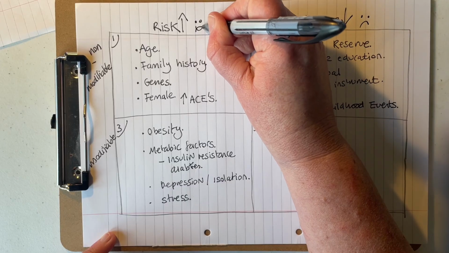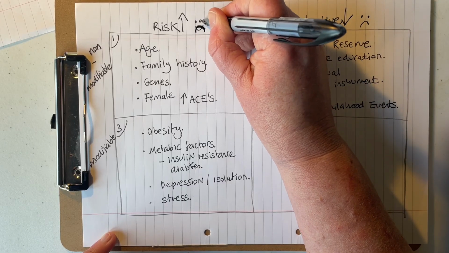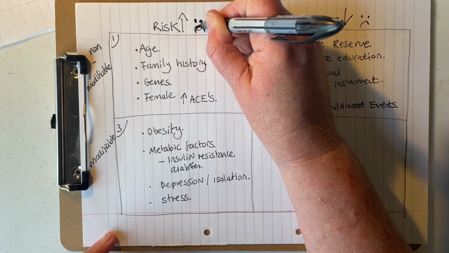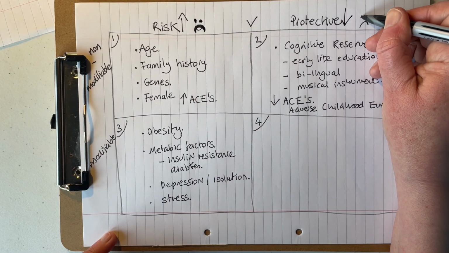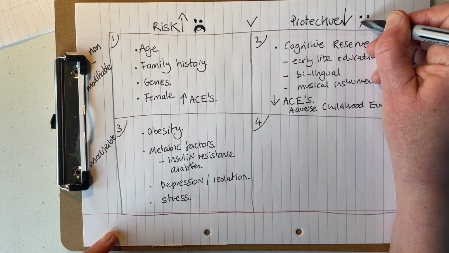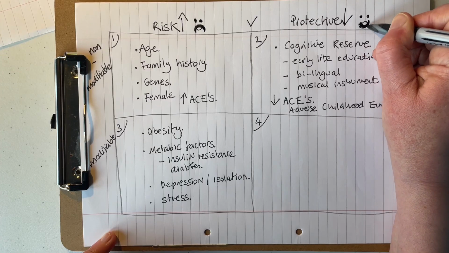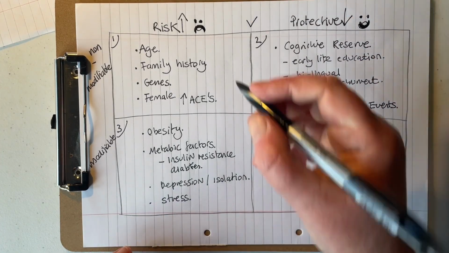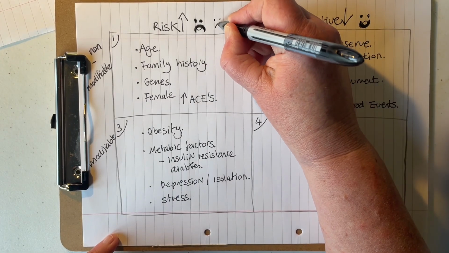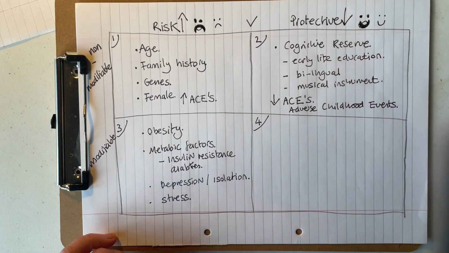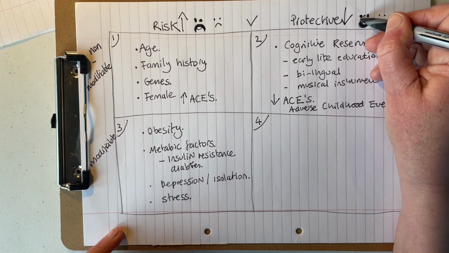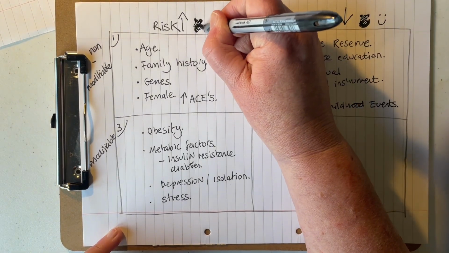This is sad. You can tell this was done without an edit, can't you? Now the pictures aren't very good. And this is protective, so this is happy. Okay, terrible drawings. I'm going to do it again. How about that? And we can just ignore that scribble.